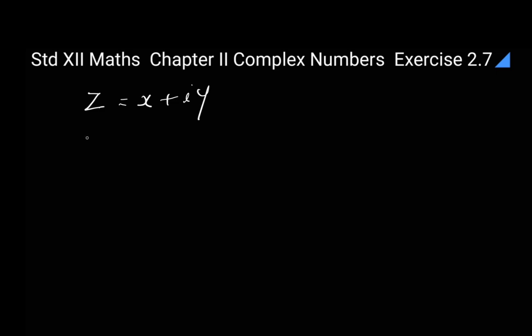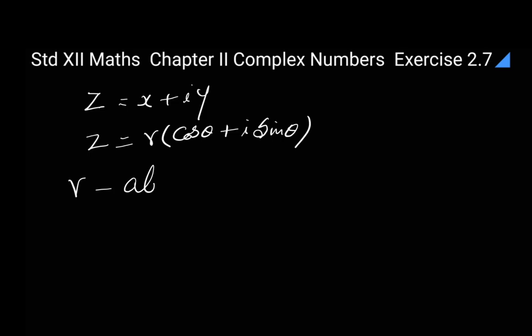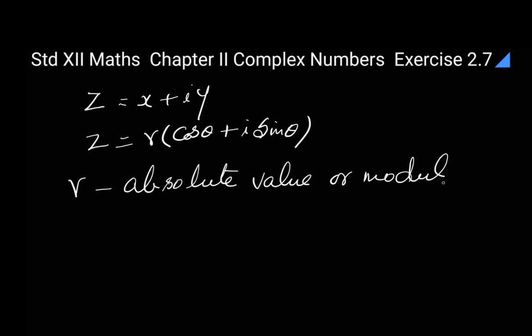The same complex number we can represent in the polar form, that is in terms of r and theta: r into cos theta plus i sin theta, where r is called the modulus or the absolute value of z.